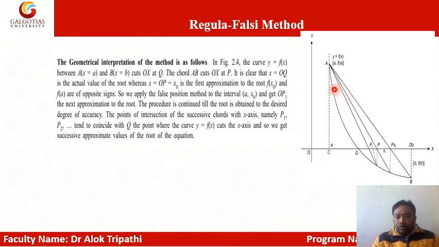Now we shall draw a line joining the points a and b. This is our straight line. Why have we joined this? Because I have told you earlier that we have to replace our original function by a straight line. So this straight line is replacing our original function.